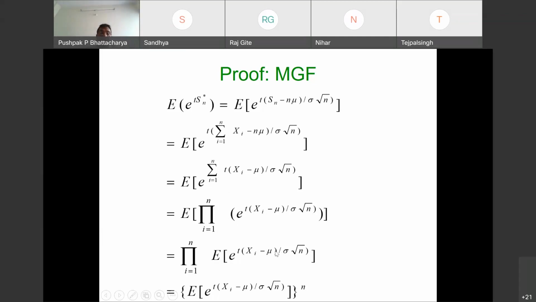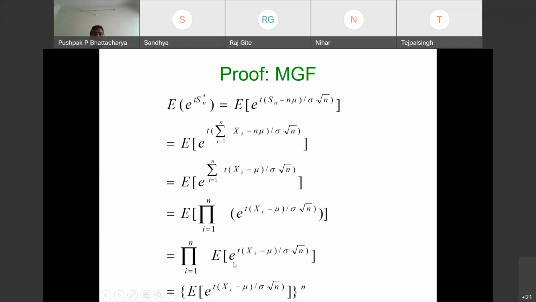Now expectation distributes over a product, provided the random variables inside the product are independent. We have already said that the xi's are independent of each other: x1, x2 up to xn are independent.